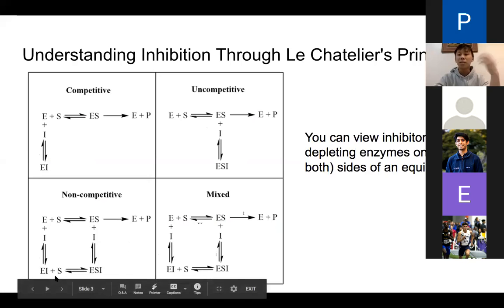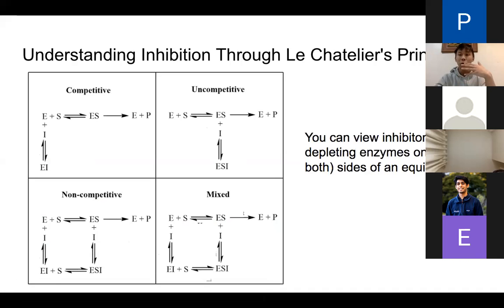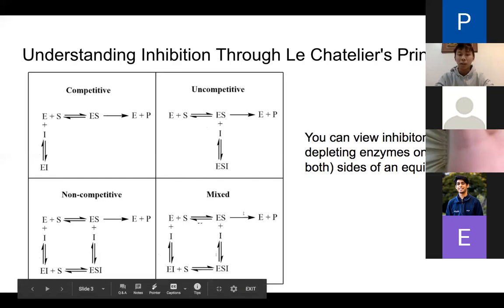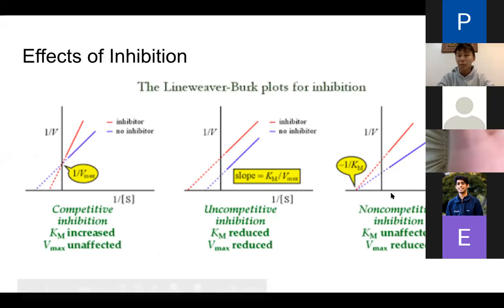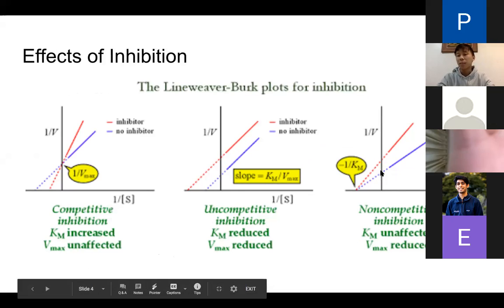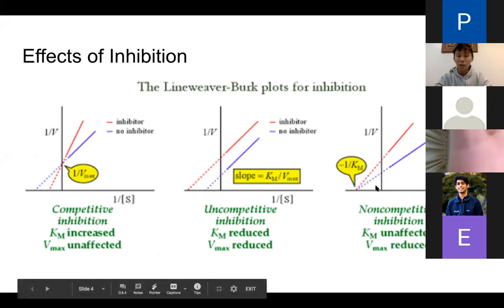So then Km stays the same, but you still see a reduction in Vmax, because you're sequestering the competent form of the enzyme and you produce less product. And here we see that Km stays the same, which is indicated by the same value of -1 over Km in our Lineweaver-Burk plot, but the y-intercept has shifted upwards, which, as we predicted, is correct.